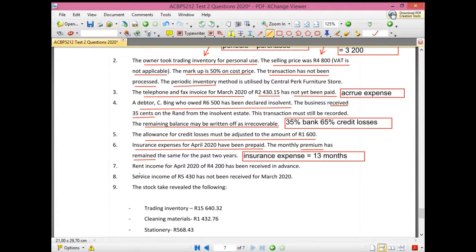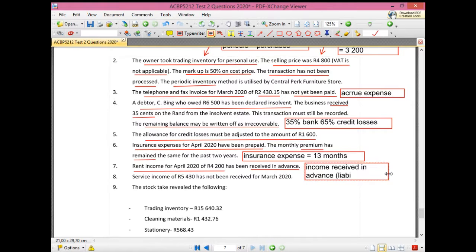Then rent income. For April 2020, 4,200 has been received in advance. So we said when we receive income in advance, it is income received in advance.